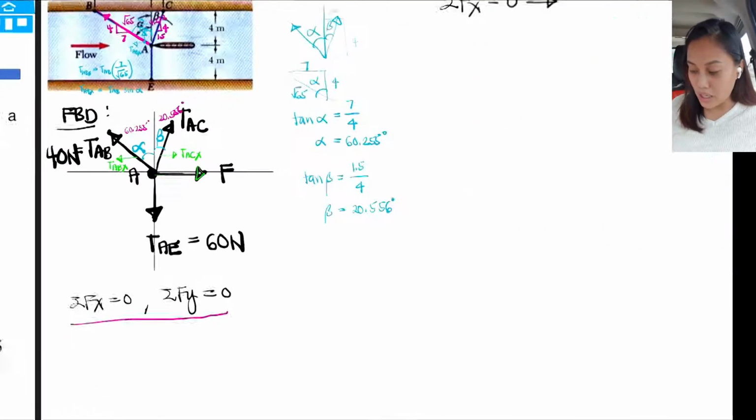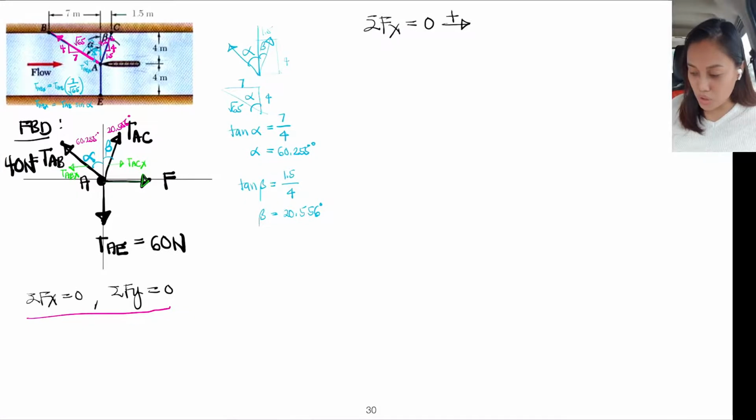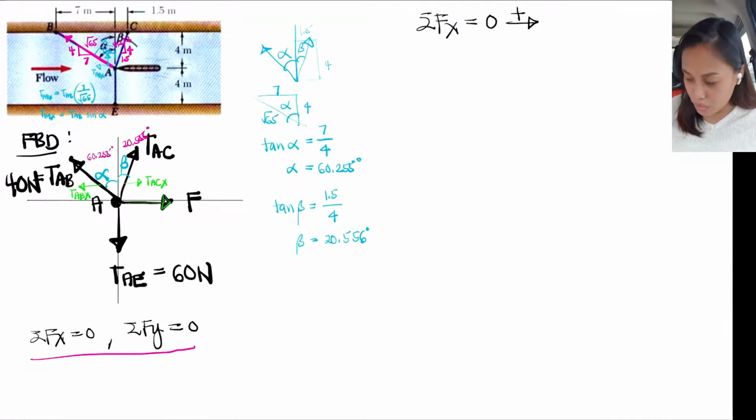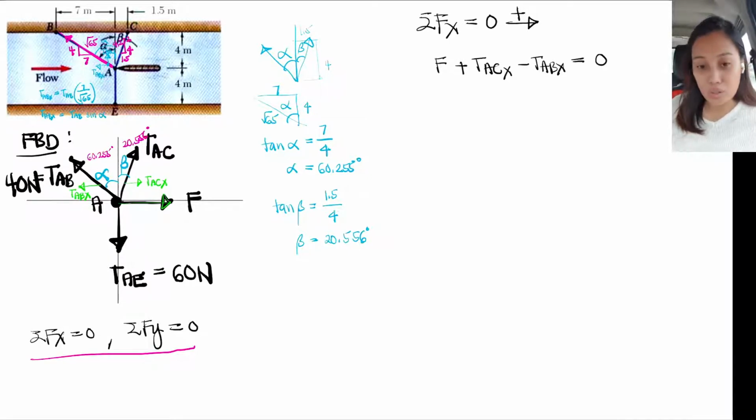So we include these in our first equation. Positive forces to the right, so we say force F positive plus TACX positive minus TABX, all equal to 0.